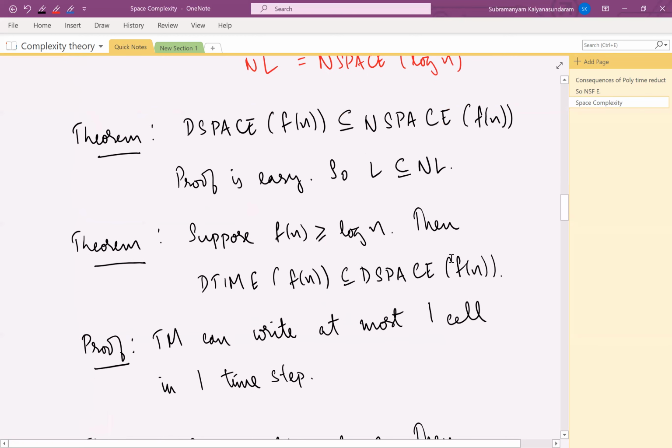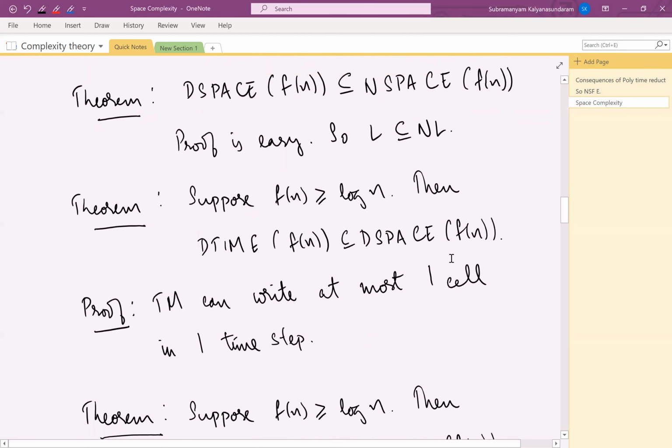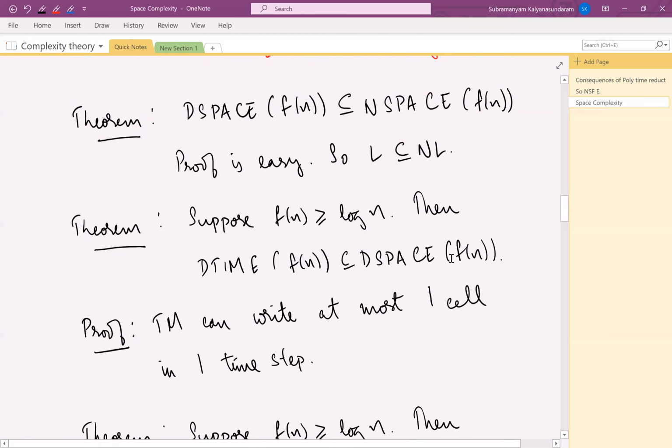One statement to note is that most of the time when we talk about space requirement, in this entire chapter or section, not just this lecture, when we talk of DSPACE of f(n), we will implicitly assume that f(n) is at least log n, unless it is explicitly noted that f(n) is something smaller.